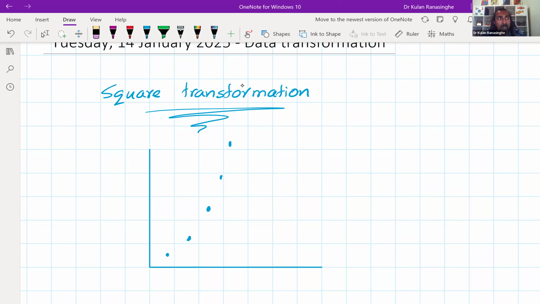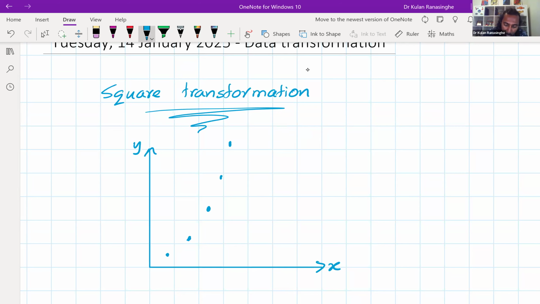Now in this case, you notice it's sort of like y equals x squared form. Now what I'm going to do is spread the x values across. You see the y height gets larger and larger as we go through.